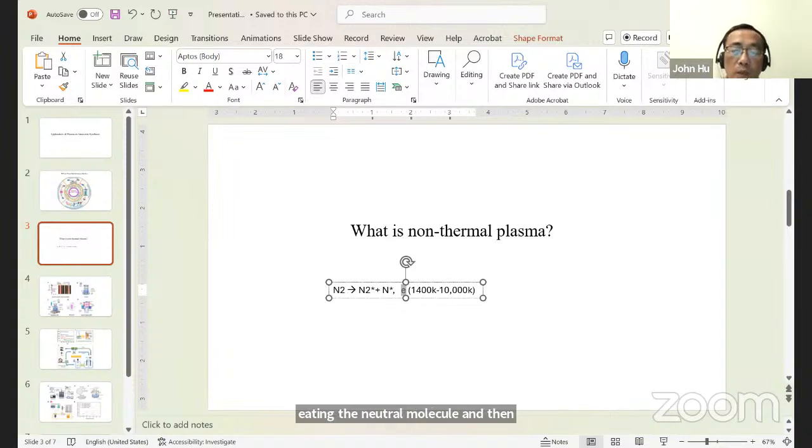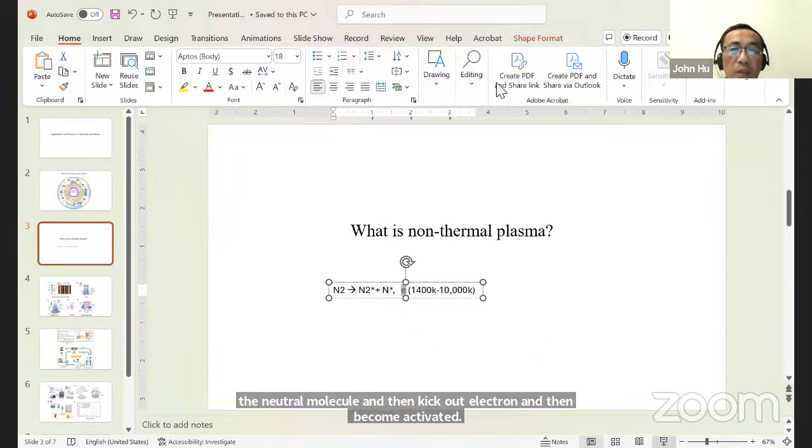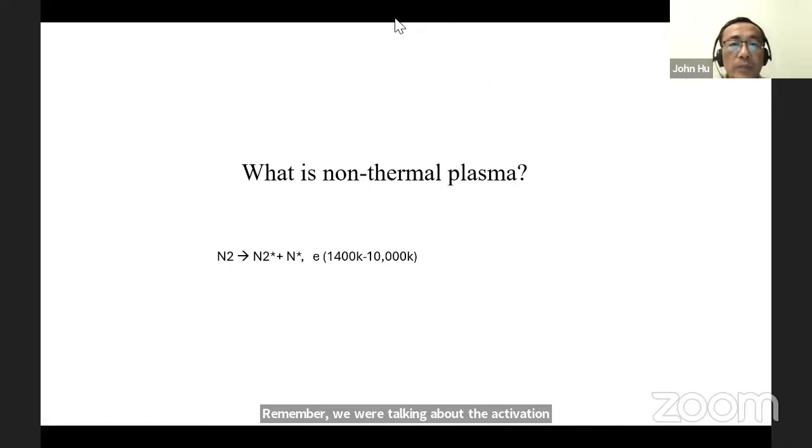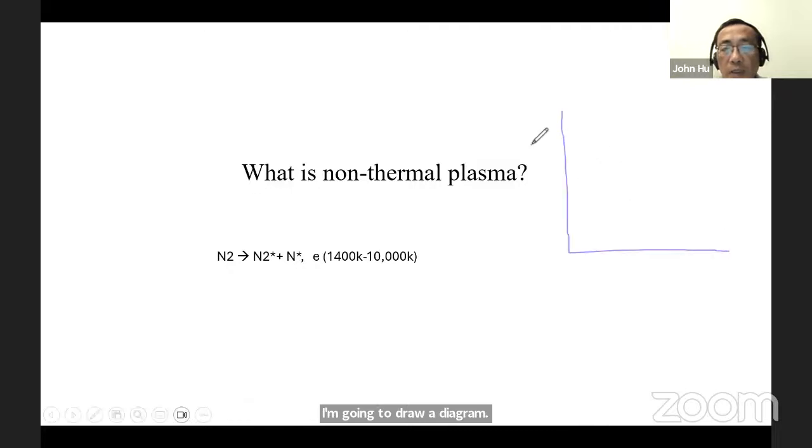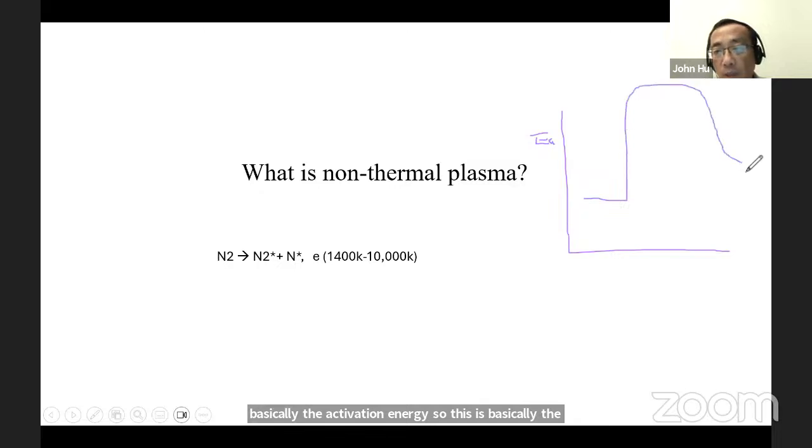Remember, we were talking about the activation energy. I'm going to draw a diagram. So this is basically any reaction. If you want it to happen, you have to overcome a hurdle like this.